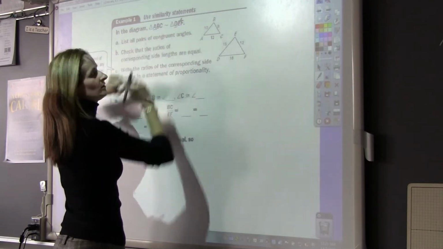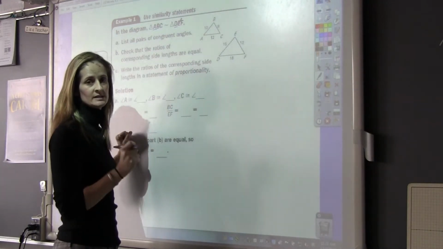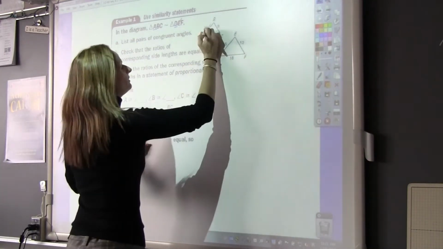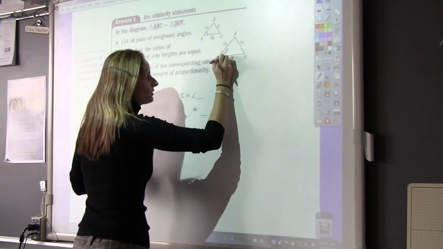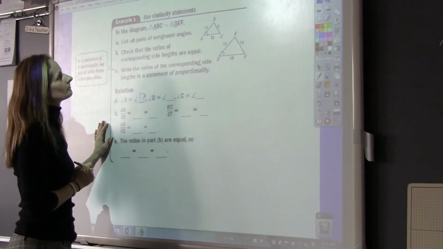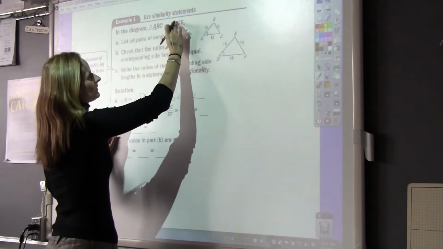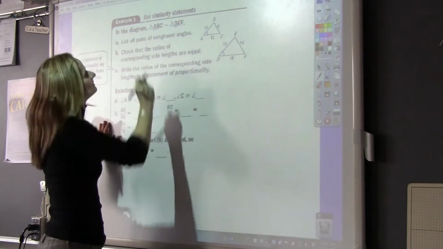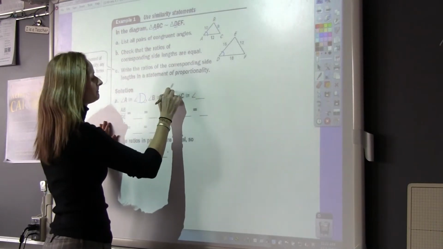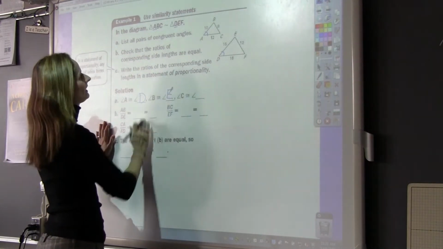So those two angles correspond to the same position in the triangle, and they're going to be congruent. So angle A is congruent to angle D. Angle B corresponds to angle E, and they're congruent. And then angle C and F.